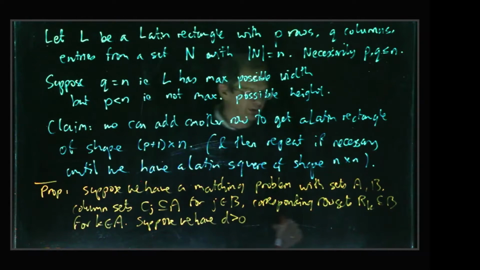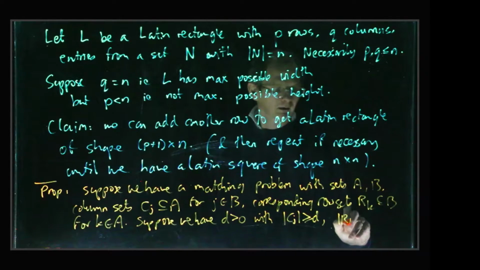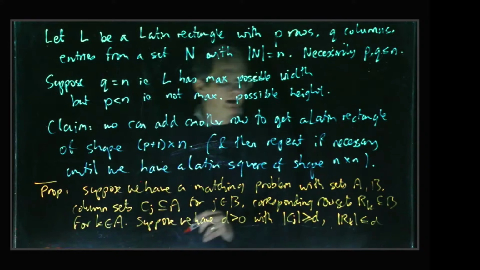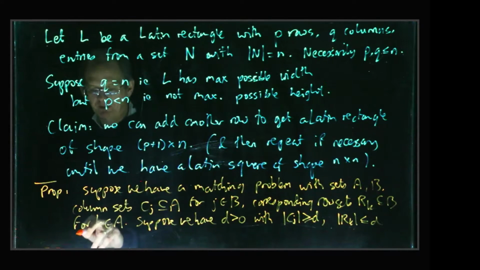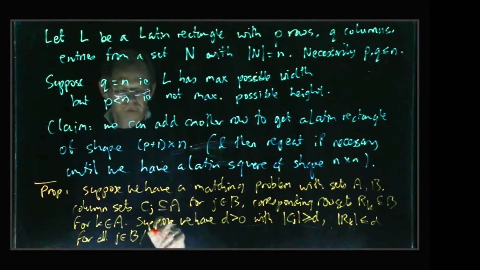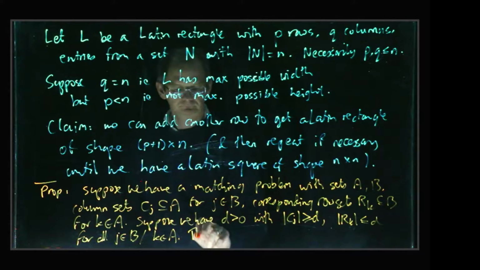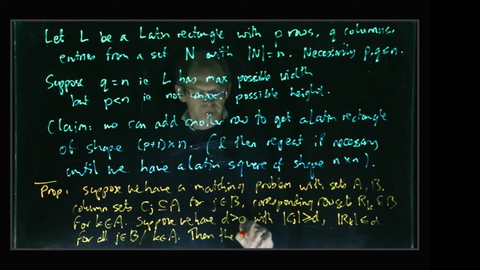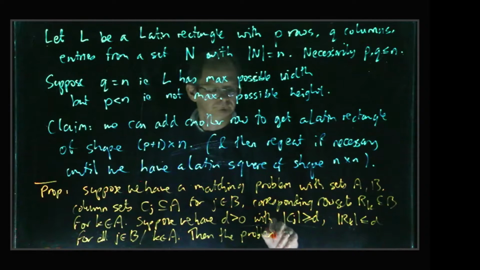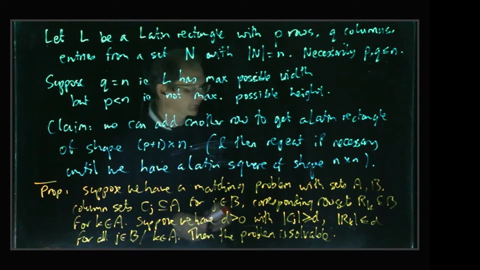And suppose we have some constant d greater than 0, where the column sets all have size at least d, and all the row sets have size at most d. Then the claim is that the problem is solvable.